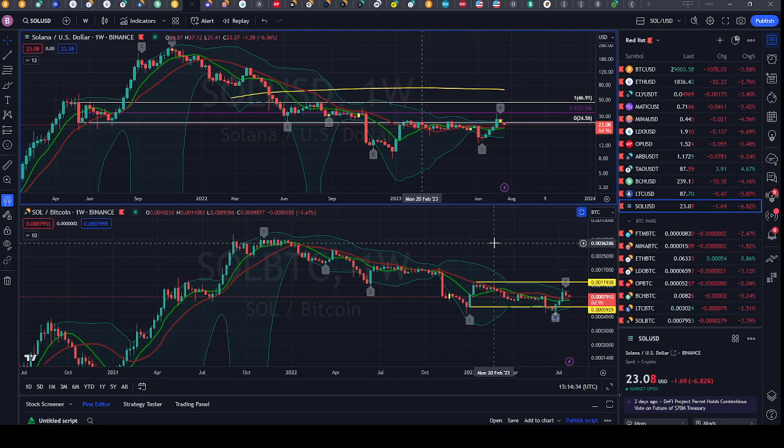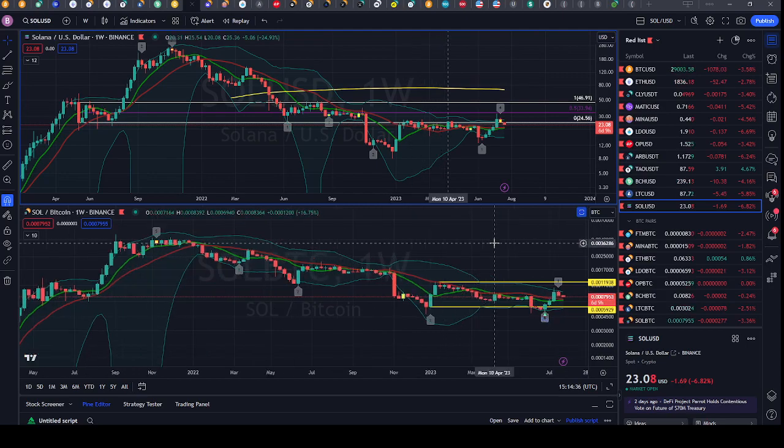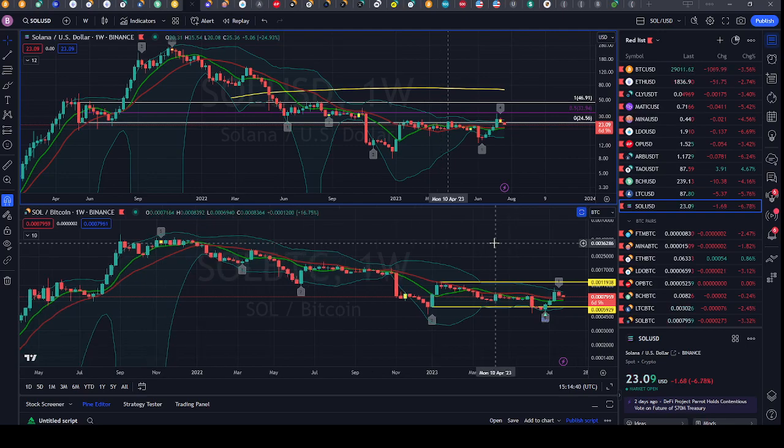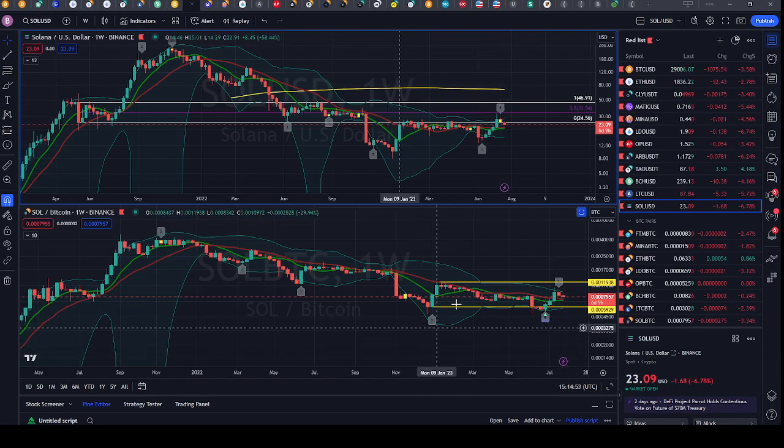So we'll see. I'm not going to look at it on the daily, but it's not looking good for Solana. Not that I'm down on Solana in the long term, but right now I still come back to the idea that it's a little bit too early to be jumping into alts. So this is another further indication of that. And like I said in previous videos, don't get swayed this early in the cycle by a two or three good week pump from an alt, because a lot of them can do that and then just fizzle out and dump back down.